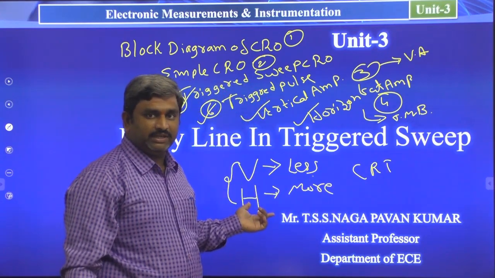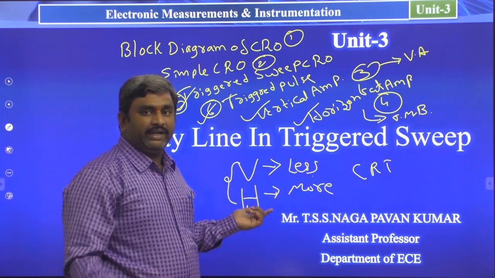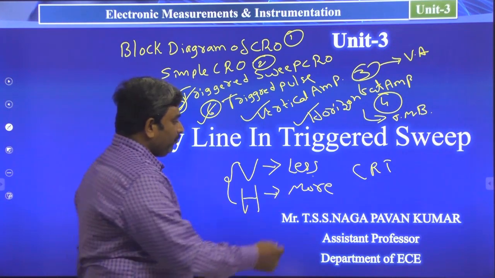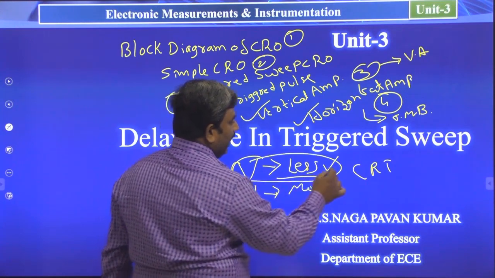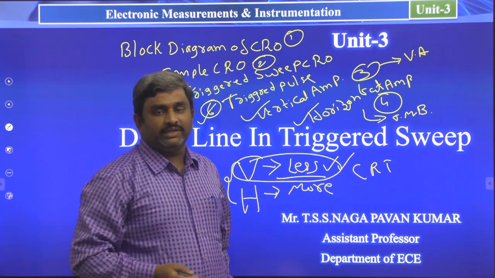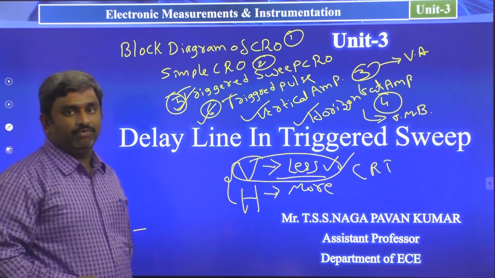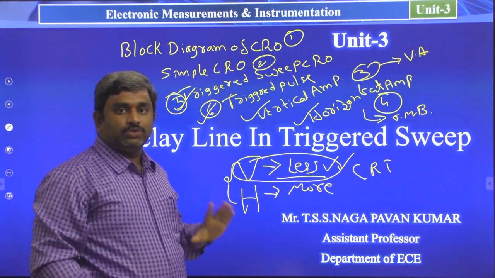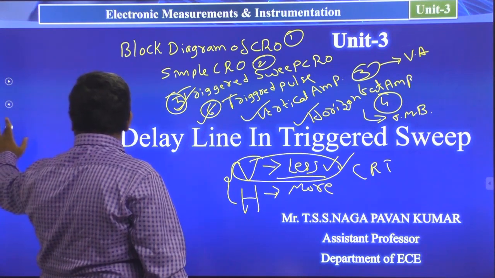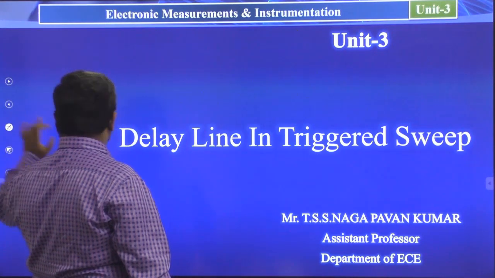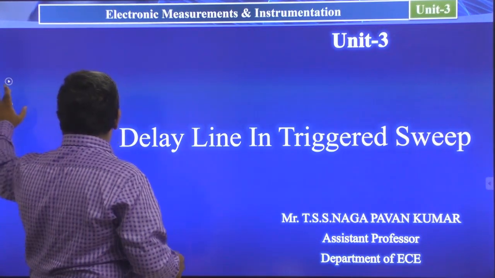So the vertical direction signal has to wait until it gets the horizontal direction signal. For that reason, the vertical direction system contains one more circuit that is called the delay line. That is today's topic: the delay line in triggered sweep CRO. Right? Let us enter into the delay line and triggered sweep circuit both.